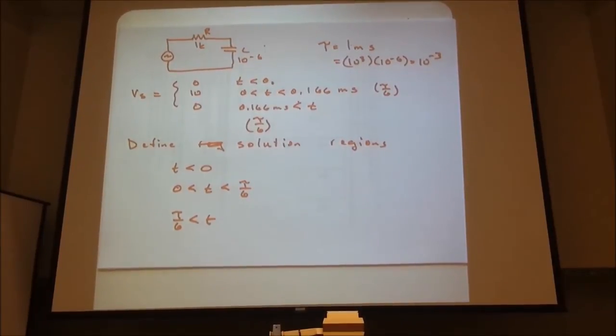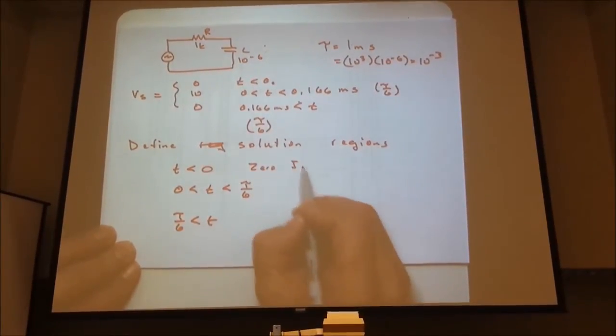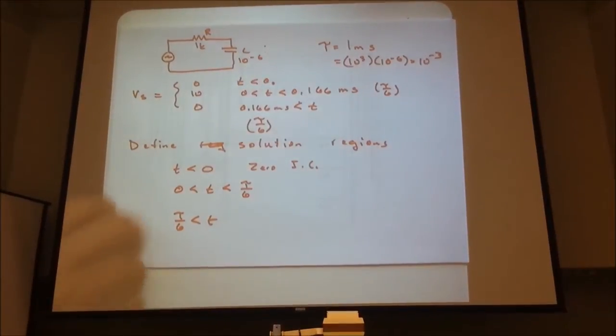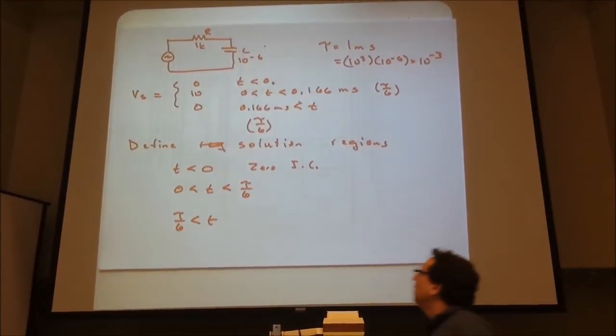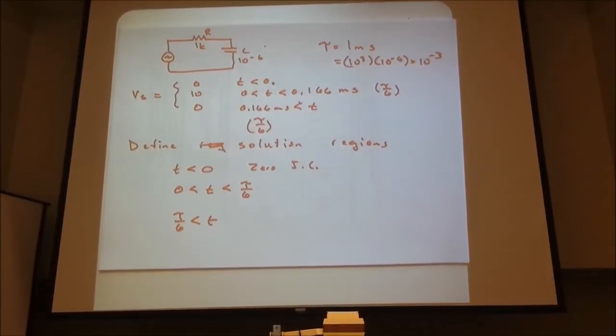What is our solution for t less than 0? We don't care. This only gives us an initial condition, but we have 0, IC, so our circuit is 0 for that time period. Well, between 0 and tau over 6, what is our solution form?